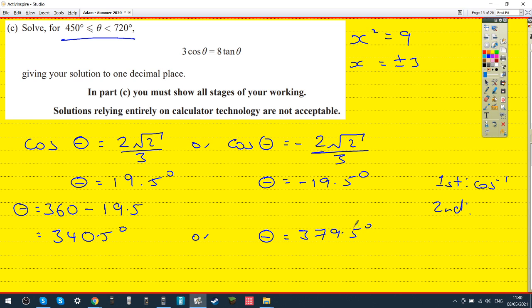Okay. And so now we have these four values. And then can we add 180 to them? We could if it was tan. Tan repeats every 180. And do 360 again? So from now on, you just add 360. It repeats every 360.